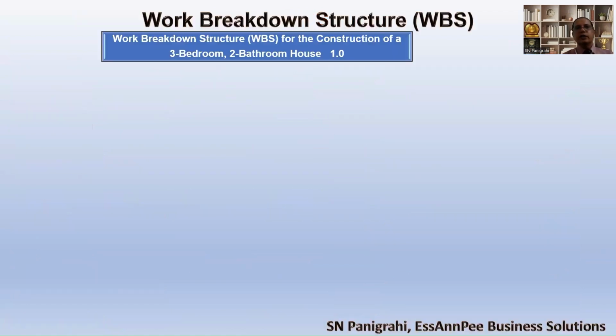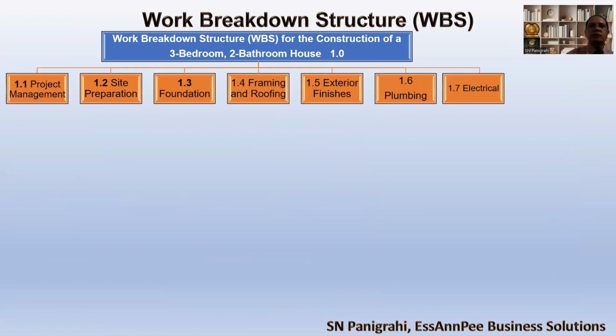Now, for our project, the example we have taken is the construction of an eco-friendly house, with 3 bedrooms and 3 bathrooms. This is the first level of the breakdown, and the first level of breakdown we also call a control account. We generally start with certain coding, because each of the levels is coded.